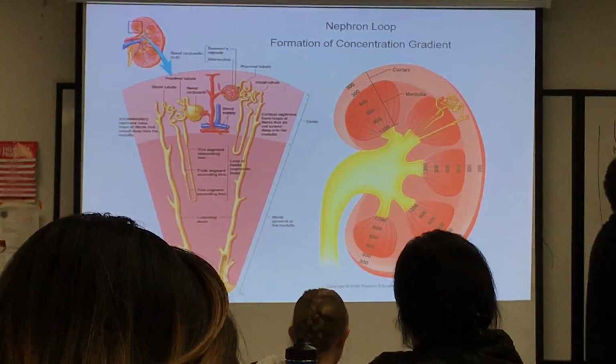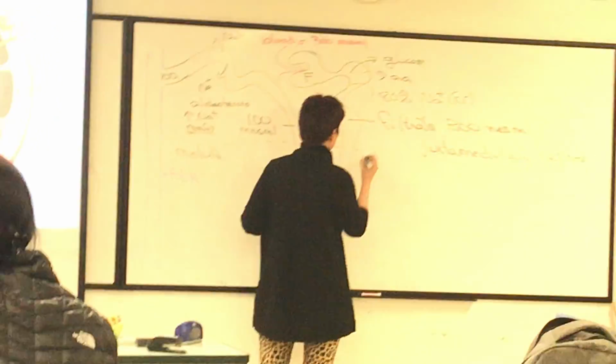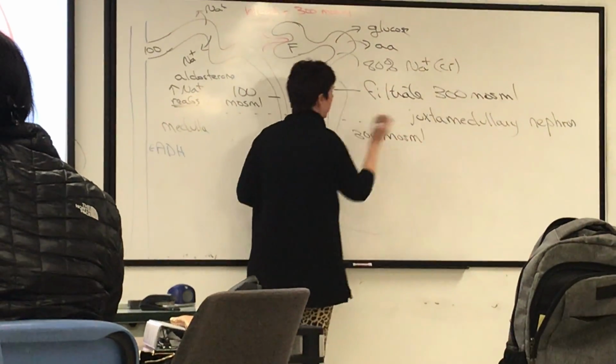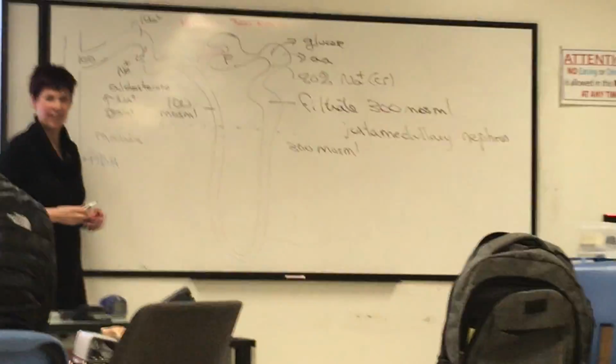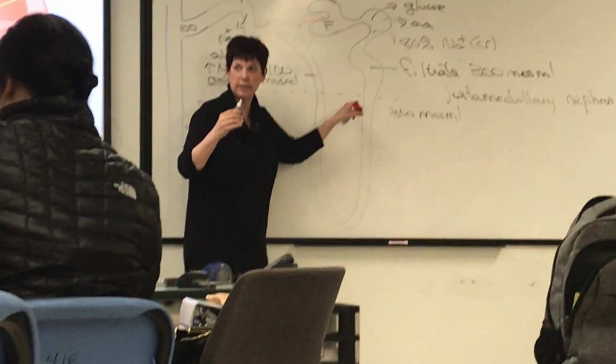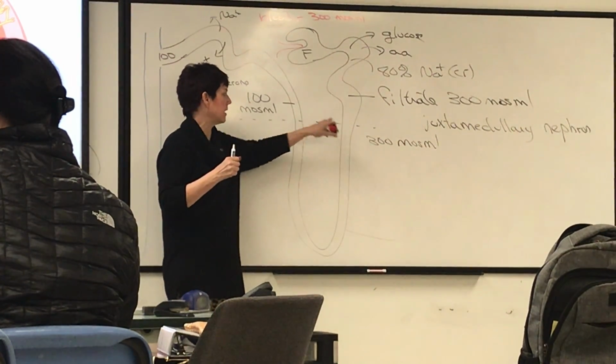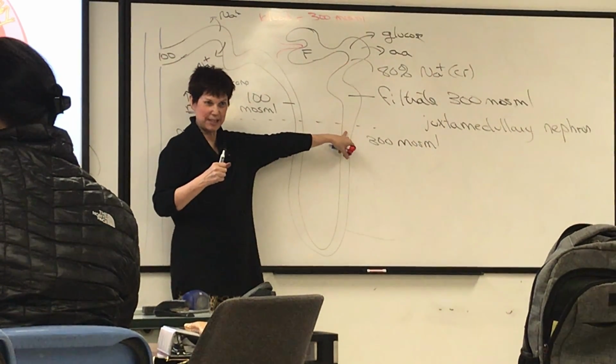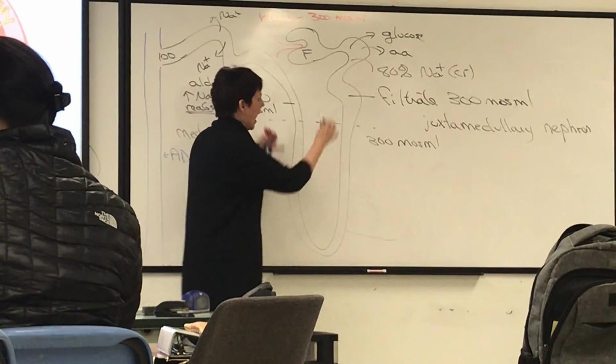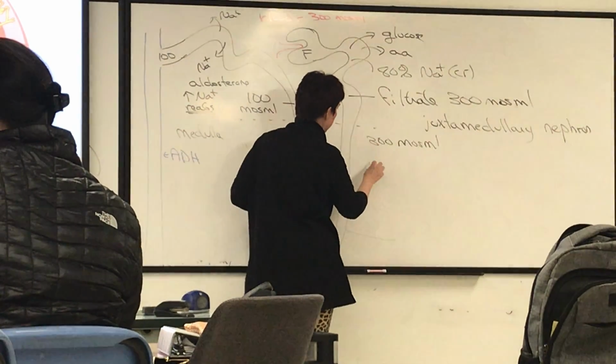So our extracellular fluid is also 300 milliosmoles. So the blood is 300 milliosmoles, the extracellular fluid is 300 milliosmoles, the filtrate is 300 milliosmoles. As we move down, this increases.